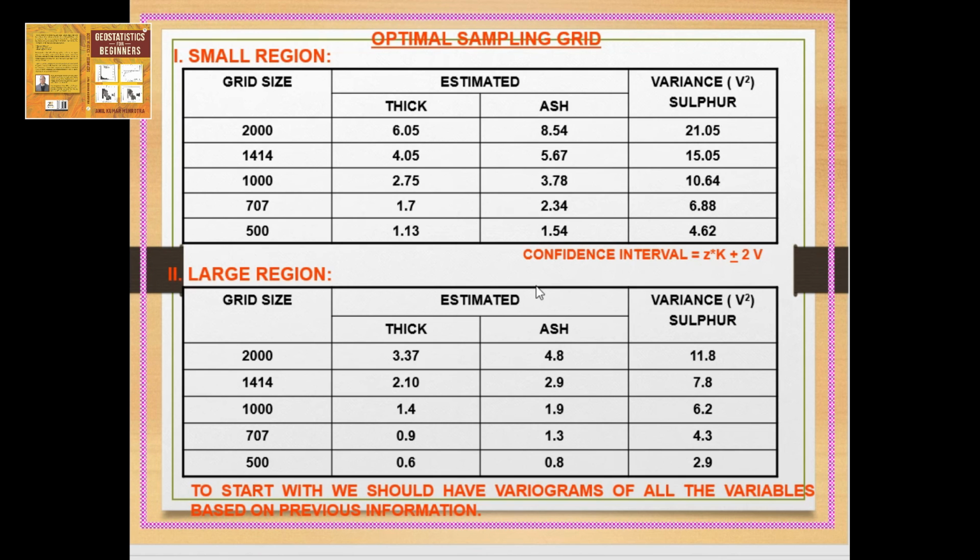And once we further reduce the sample grid, like this we see, if we reduce the grid size from 2000 meters to 500 meters, the estimated variance of thickness reduces to 1.13 from 6.05, and for ash it reduces to 1.54 from 8.54, and for sulfur it reduces from 21.05 to 4.62.